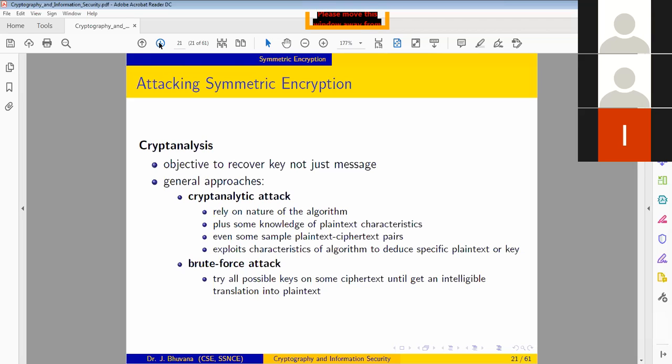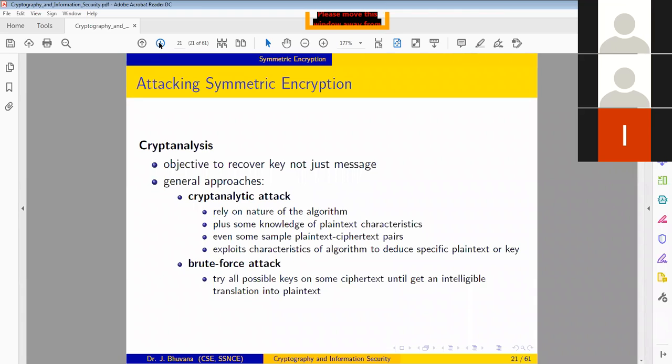He somehow breaks down the cipher text and gets the plain text. Okay, so at that point of time, that is a kind of success achieved by the cryptanalyst. But for the next message, he has to do the same set of operations, breaking down the cipher to get the plain text back.